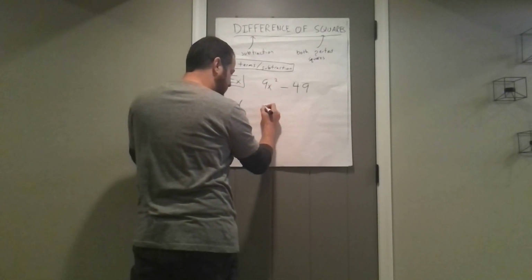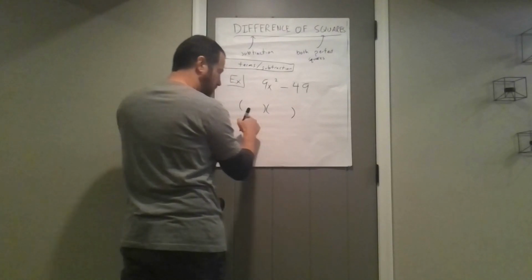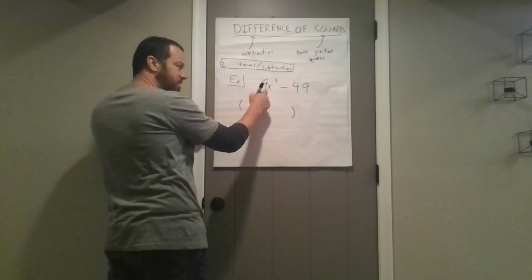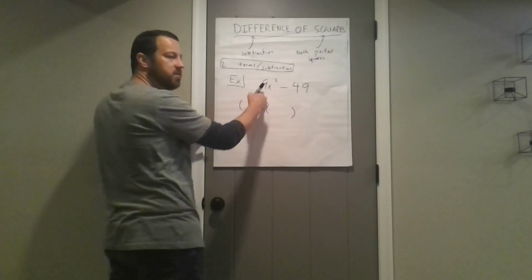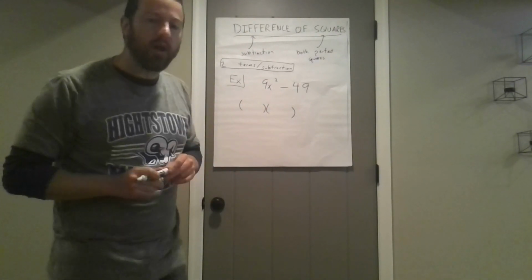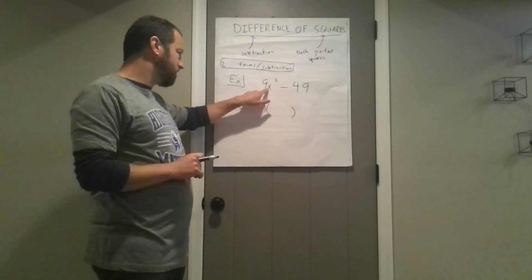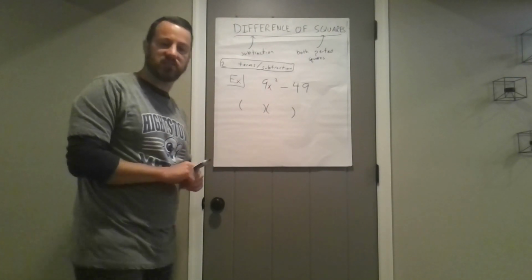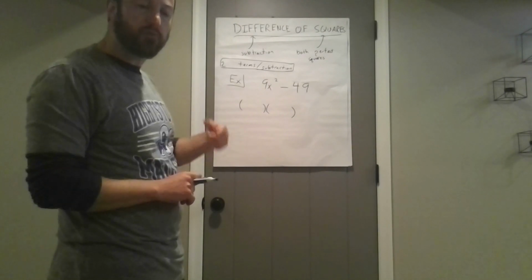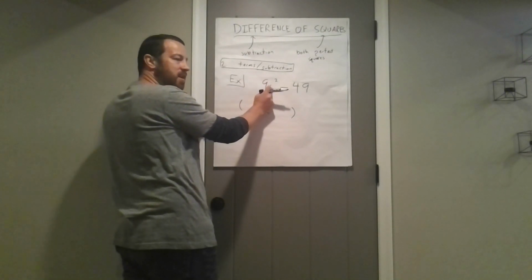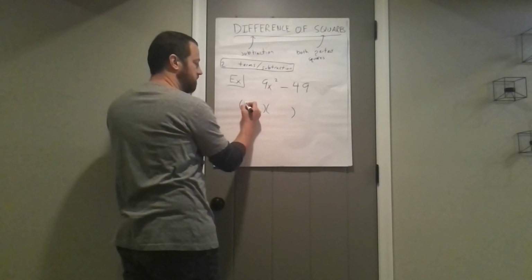So we're going to break this up into our two parentheses being multiplied. We're going to have the square root of this. And when I say square root, what I mean is that what times itself is going to get us 9x squared. And that's going to be 3x, right? Because 3 times 3 is 9, and x times x is x squared.